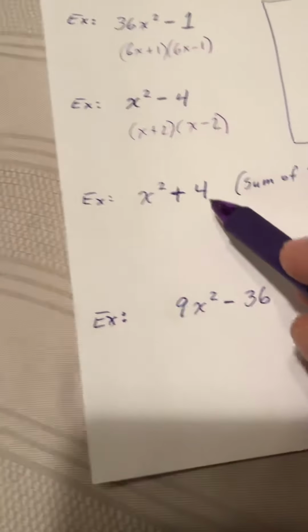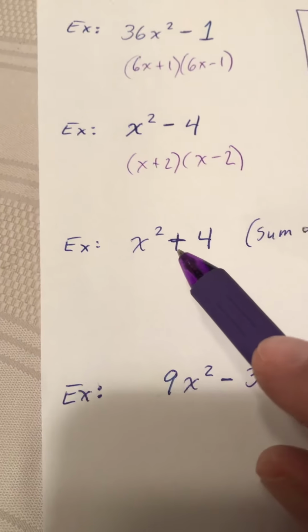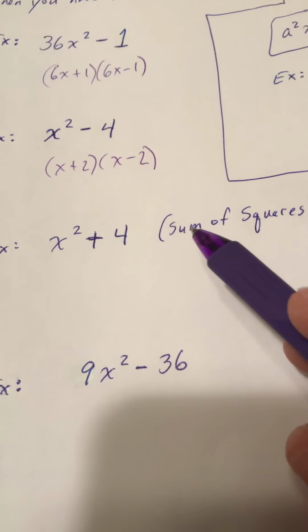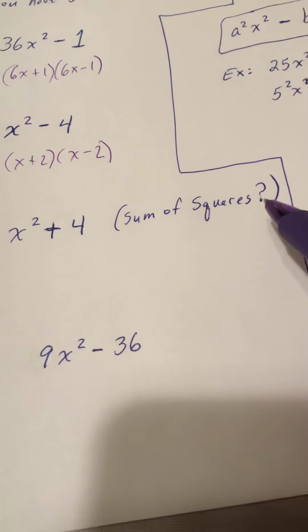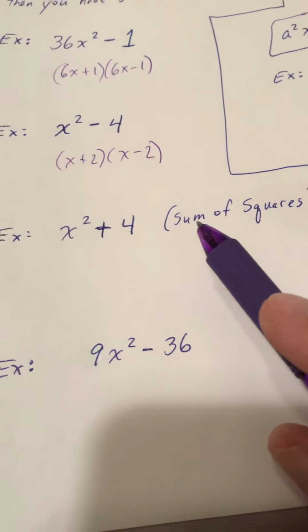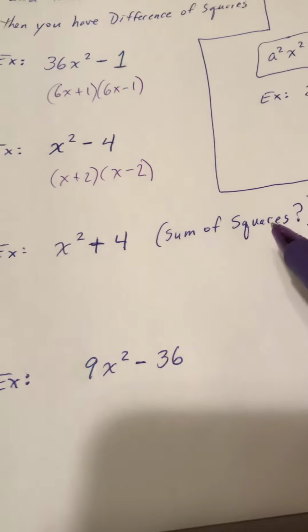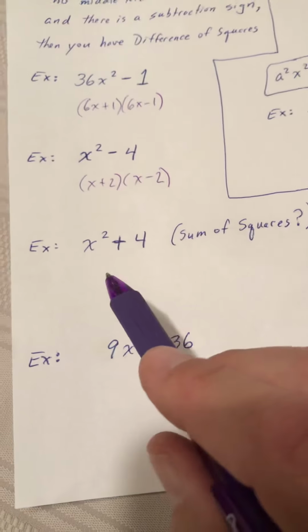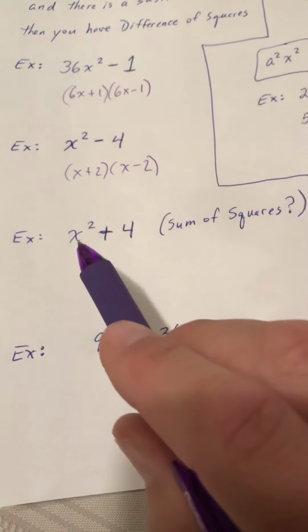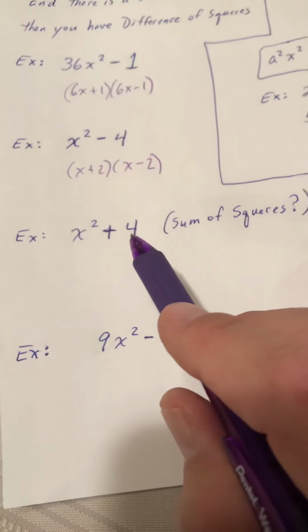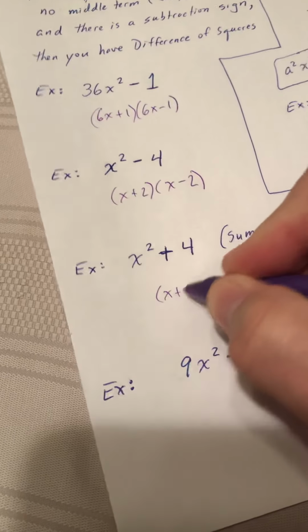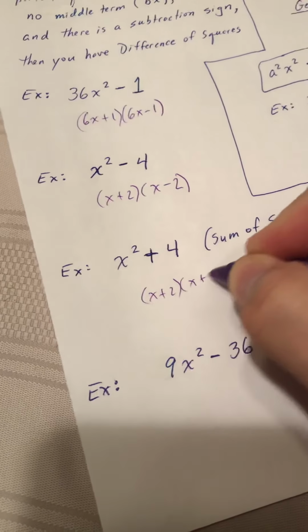Perfect square, plus sign. Uh-oh, wait a minute. All the other ones had minus signs. Is there a sum of squares? Sum means addition. No, there's not. There are no two binomials that multiply to give you a sum of squares. If you write x plus 2, it will produce a middle term.